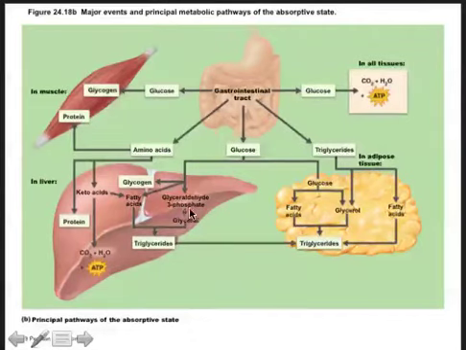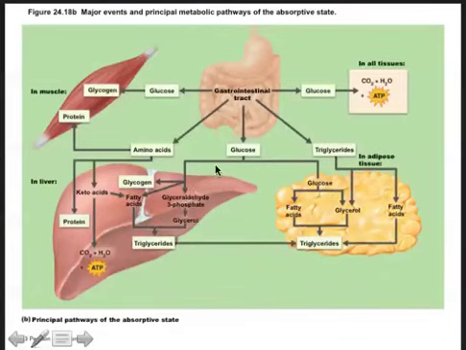What else can we do? Well, if we follow the glucose pathway to the liver, glucose can be shipped to the liver via the hepatic portal vein, where it can be stored as glycogen for later use as instant fuel, or it can be used to synthesize fatty acids. The way that this works is that we can take the glucose and split it. We can form pyruvate, and that pyruvate can then be used to form dihydroxyacetone phosphate, and that's a starting point for fatty acid synthesis.